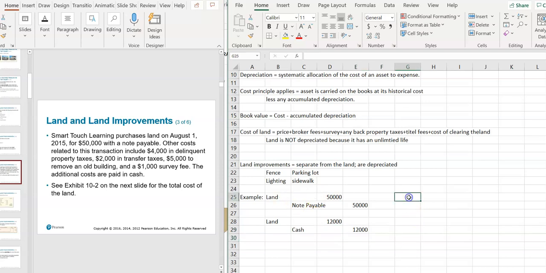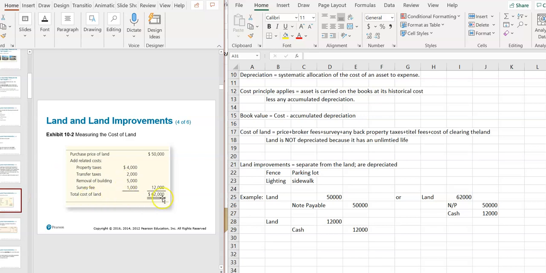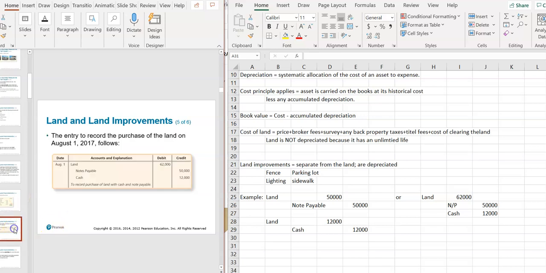All right, here, I'll write it out actually. I could have done land for 62, note payable for 50, and cash for 12. Okay, so here's the total cost of the land was $62,000, and then they went ahead and did one entry.